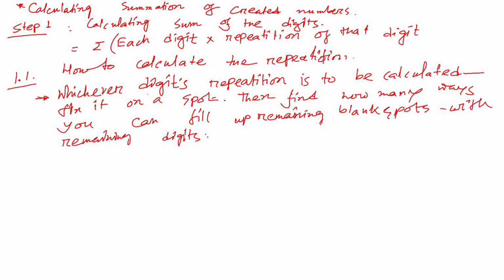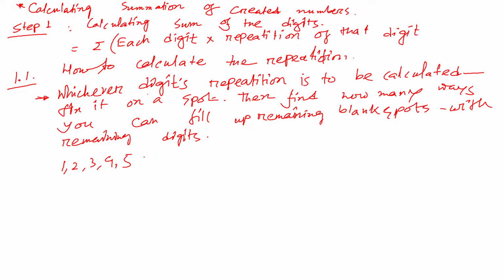All right, so say for instance you are given 5 digits, which are 1, 2, 3, 4, and 5. Now you want to calculate the summation of the three digit numbers created by all these.